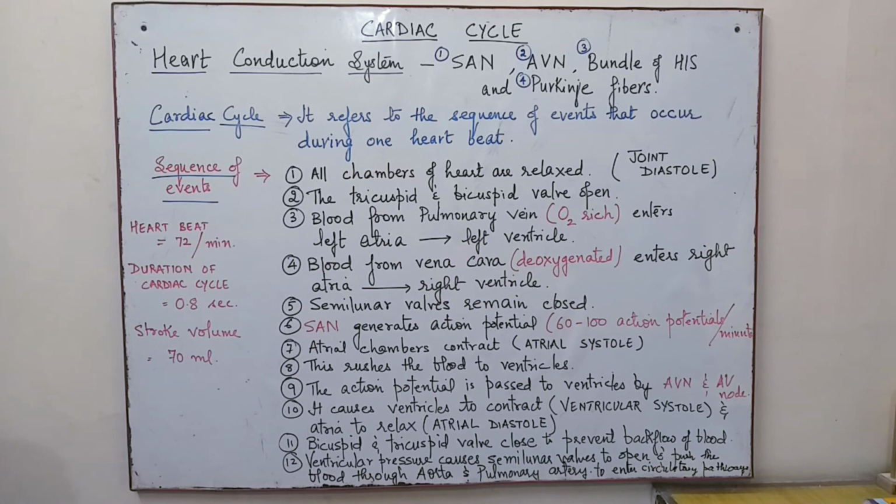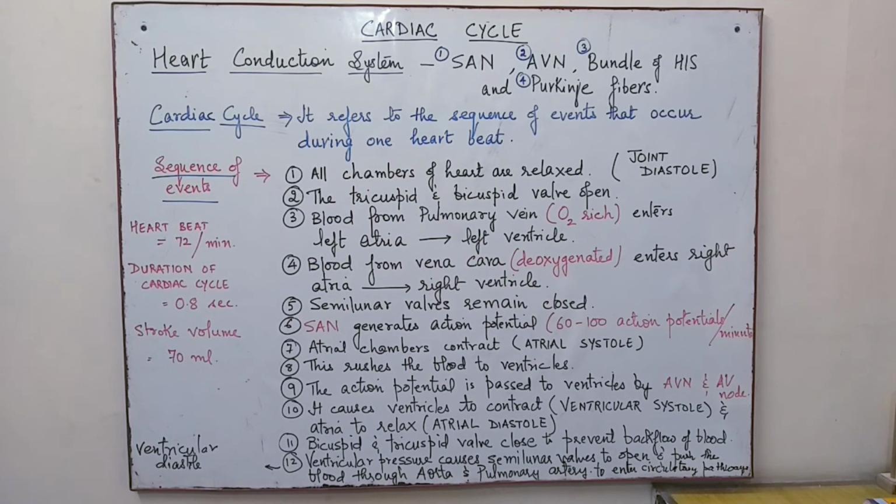After this has happened, the ventricles will undergo ventricular diastole. They will undergo the period of relaxation. So the blood has now entered into the main pathway where it will be circulated throughout the body to different parts.